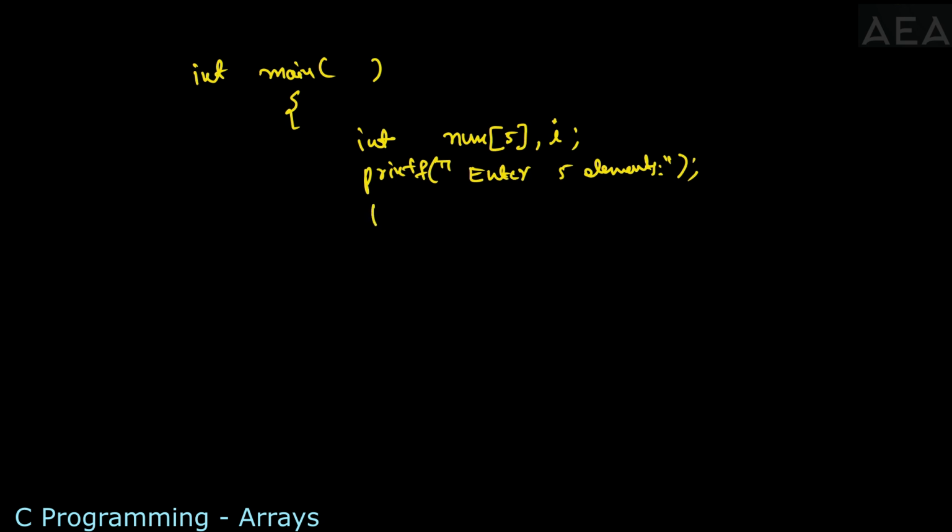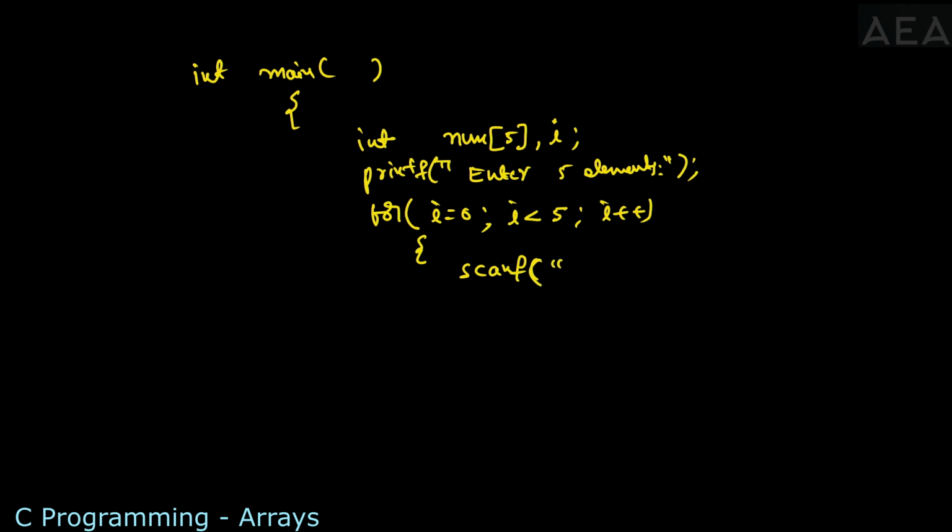Whatever the 5 elements entered from the user side has to be stored in this array. For that purpose, here I am preparing a loop: for i is equal to 0, i starts from 0 onwards, i is less than 5 because the size of the array is 5, and i plus plus. Now within this I am writing the scanf function.